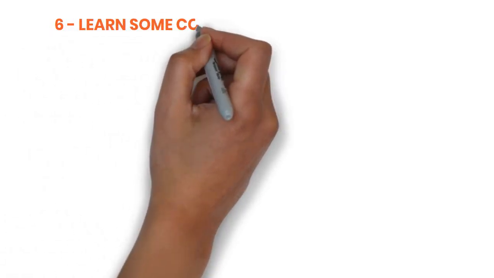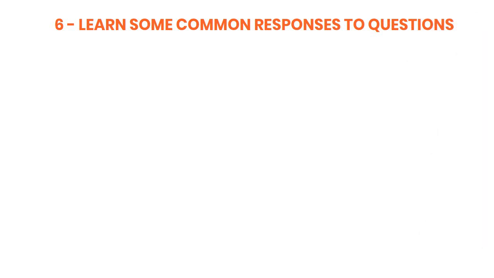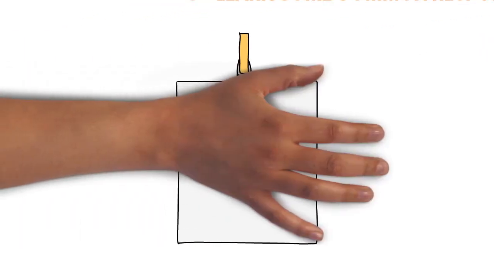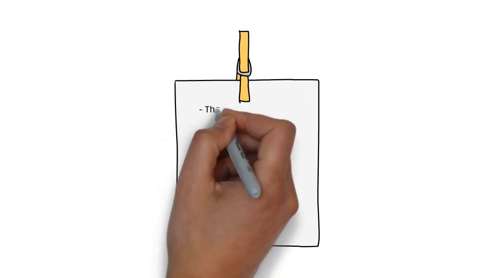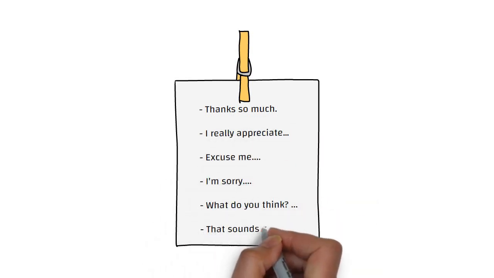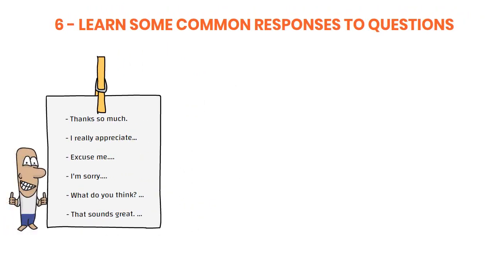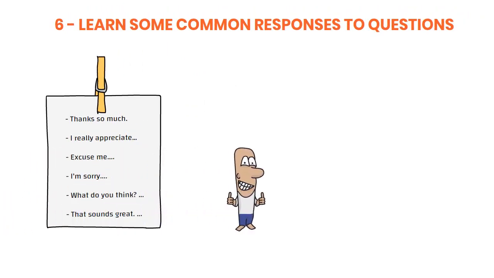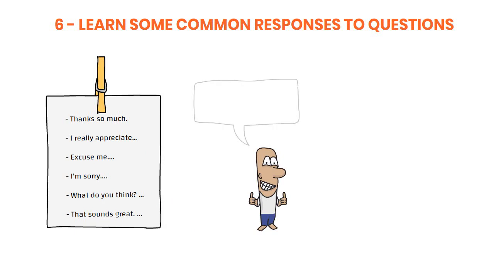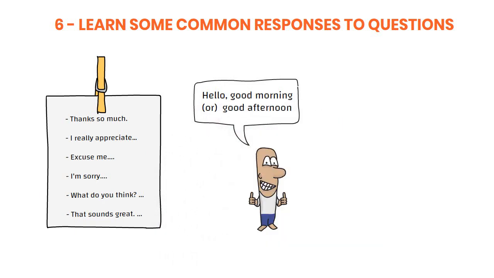Number 6. Learn some common responses to questions. At number 6, the tip is to learn some common responses to questions. We have some very common everyday phrases that we use on a regular basis, just like with any language. If you get familiar with some of these, they will come more naturally when you come to use them in real-life situations. In English, it is common for us to greet each other with phrases such as hello, good morning, good afternoon.